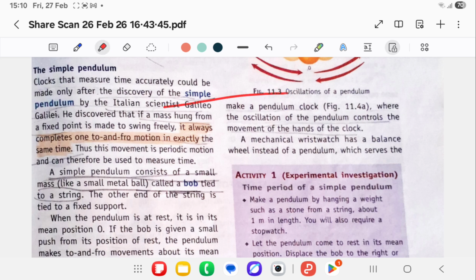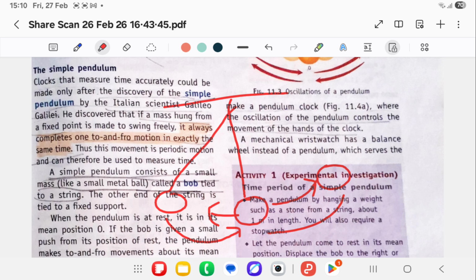Suppose this is the thread and you have hung a mass or ball, and you have shifted it in this direction. Suppose it moves till here, then it comes back, then goes in the other direction, and again comes back to this position. If I say the center mean position is 0, then 1, then 2, this is to and fro motion.